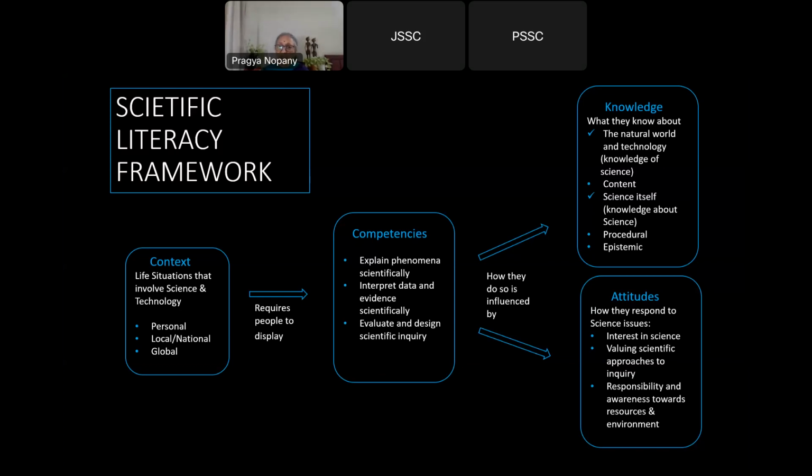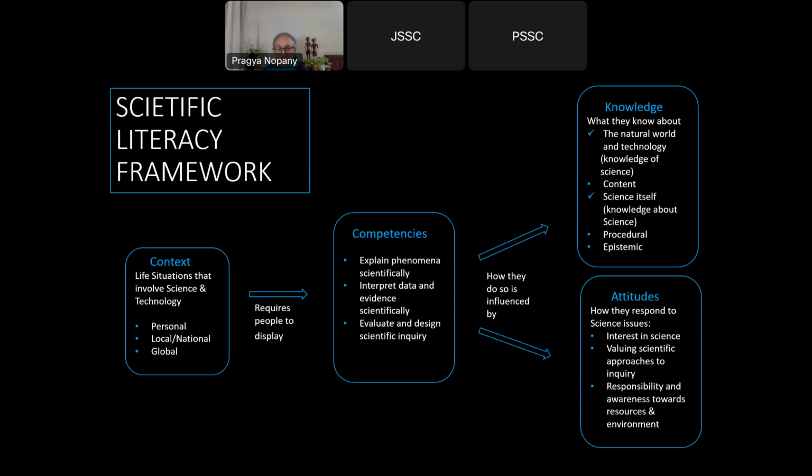We have to train our children to be able to look at new situations and to be able to understand them, make sense, understand cause and effect relationships, to be able to explore, maybe scientifically, maybe do surveys, and then whatever is the result, they may have to analyze, infer, predict.